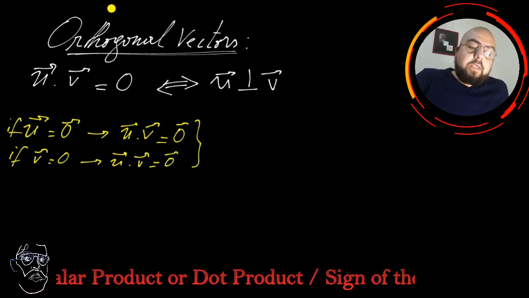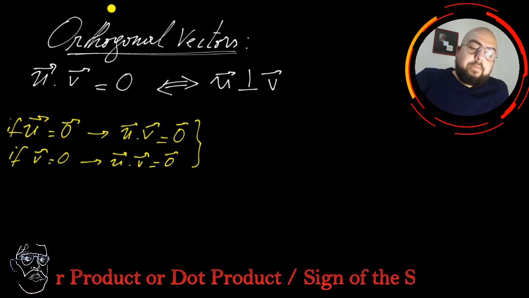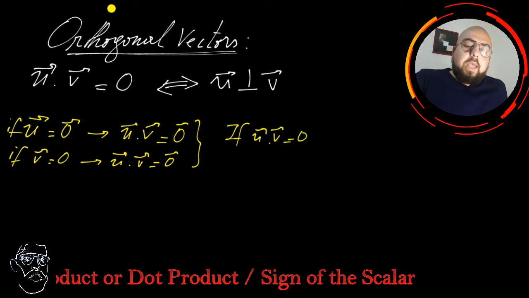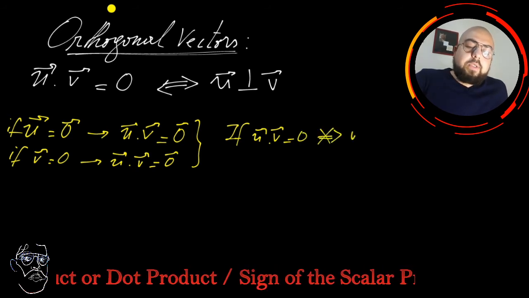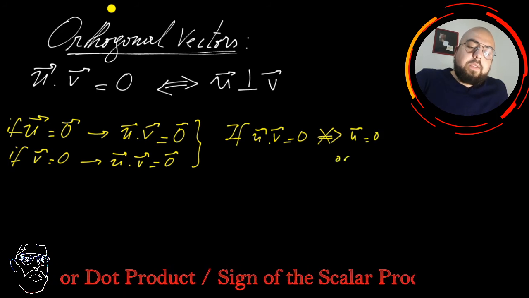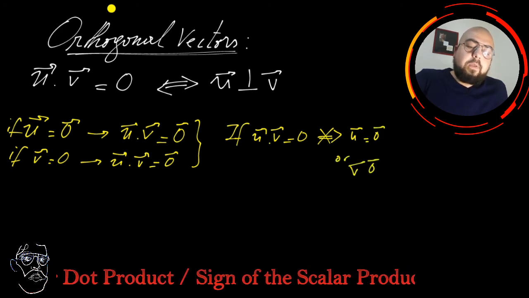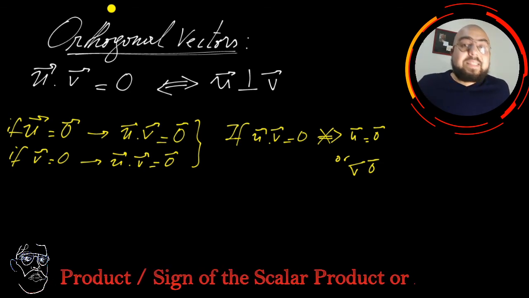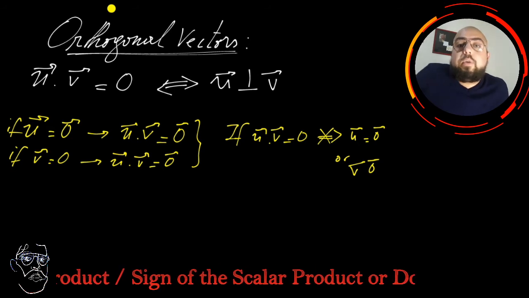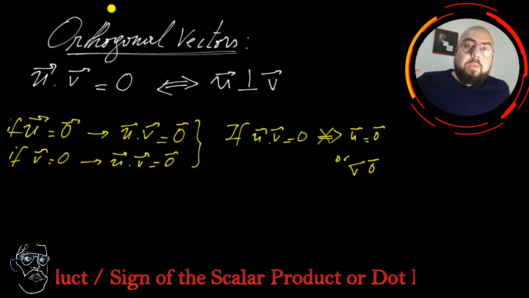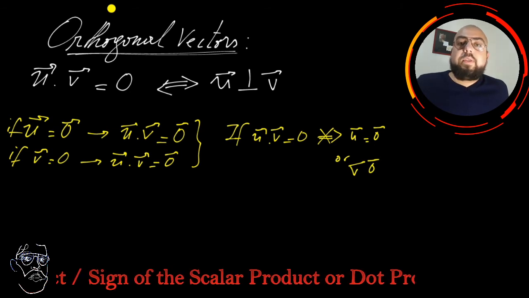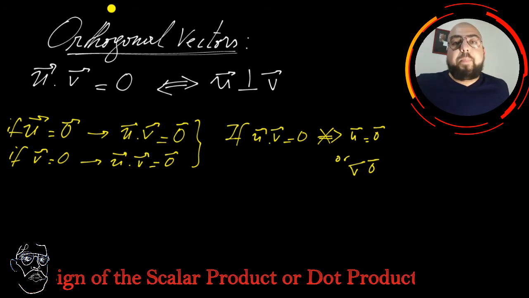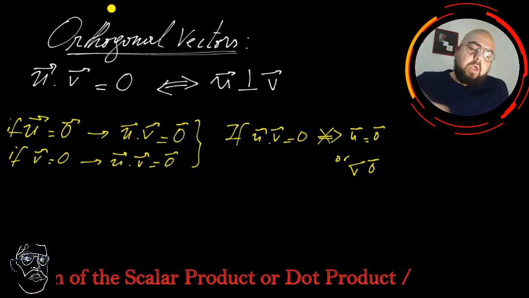But if u scalar v is equal to 0, I cannot deduce that u is equal to 0 or v is equal to 0. You have to pay attention to this part. It could be, but it's not necessary that u is equal to 0 or v is equal to 0. What I can deduce from u scalar v equal to 0 is that u and v are orthogonal.